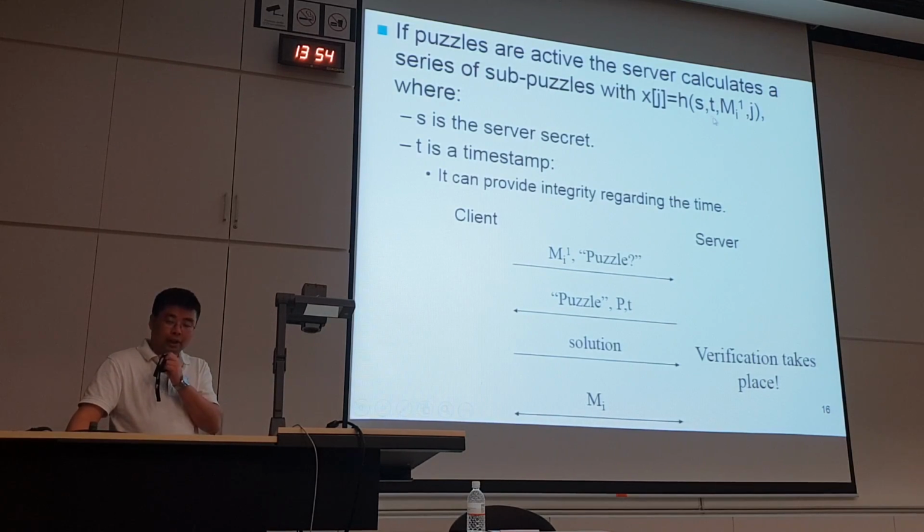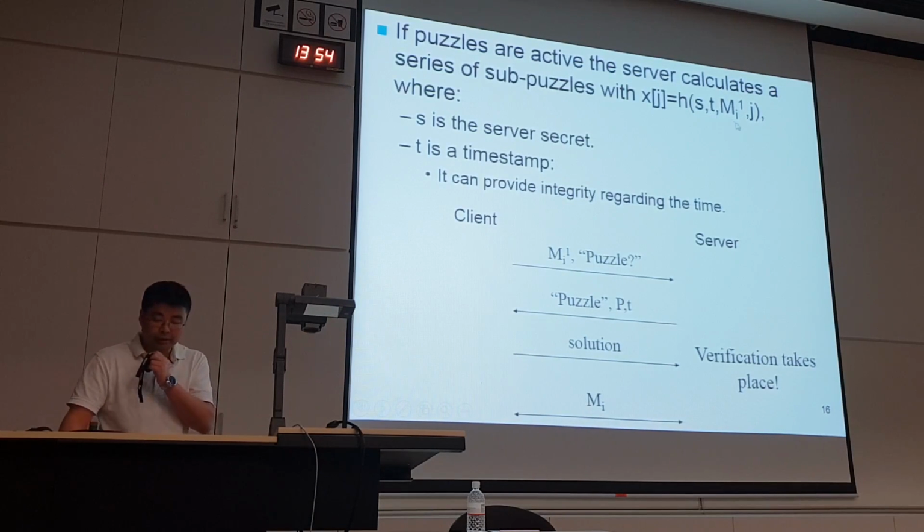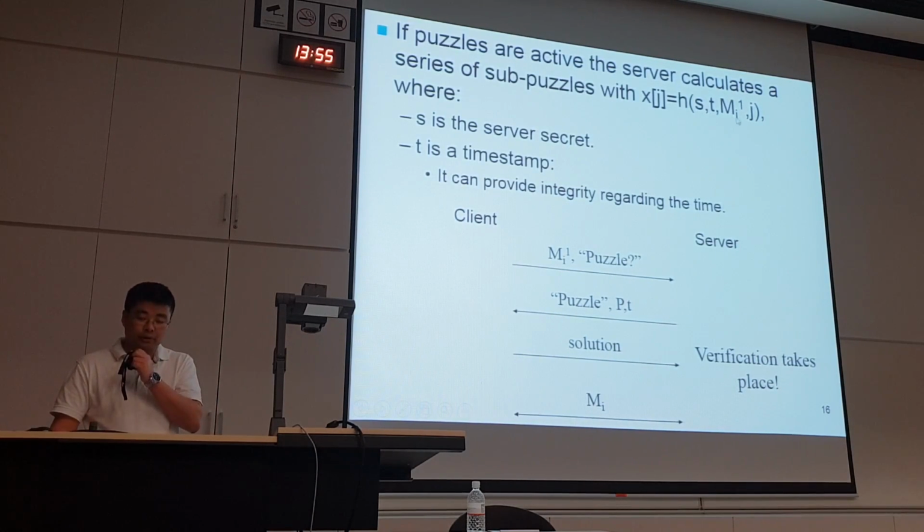It includes the timestamp, for example the time when this connection is received, and the service you want to access. For example, what is the protocol you want to connect, where the connection comes from, and what is the protocol you want to execute. And then J is again the index of the subpuzzle.